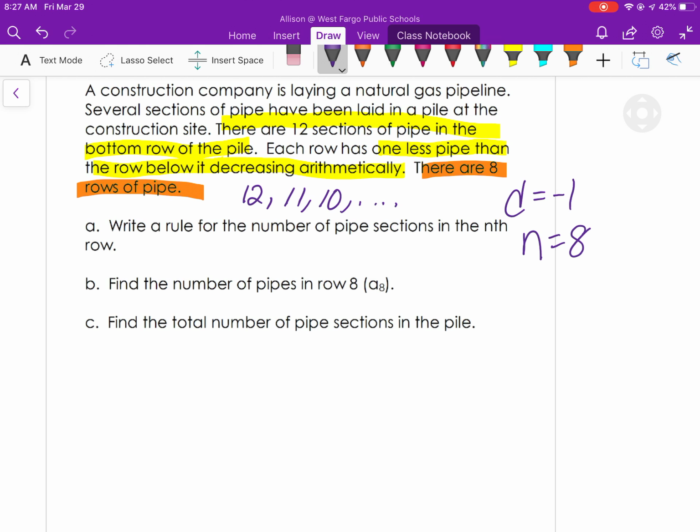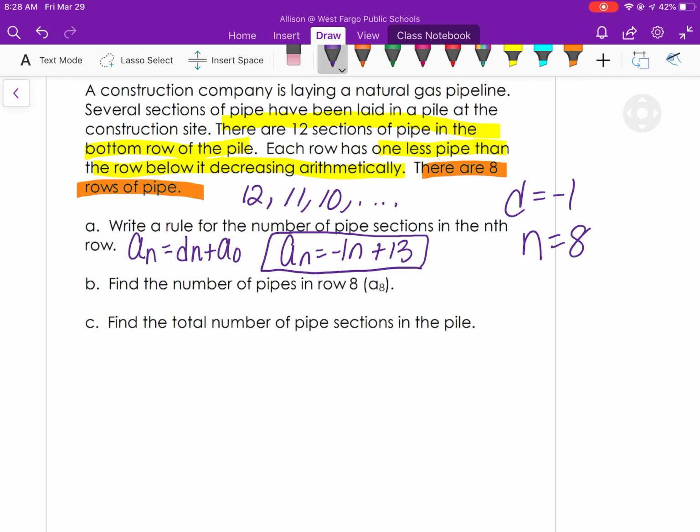So writing a rule for the sections of pipe in the nth row, they want me to write the rule a sub n equals dn plus a sub 0. So a sub n, d is going to be -1, so -1n, and then if it starts with 12, the term before that would be 13. So my a sub 0 is going to be 13. Since I'm subtracting 1 every time, I go backwards by adding 1.